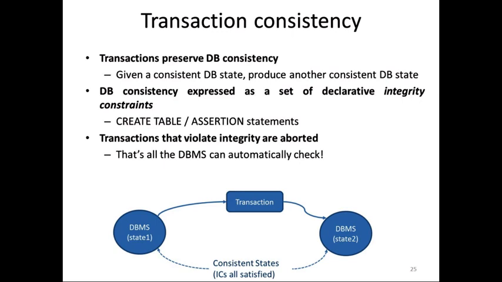The system will intervene in order to cancel such transactions that leave the database in an inconsistent state. So this is the role of the database management system here with respect to consistency. It will automatically check that any transaction will leave the database in a consistent state, and whenever this is not the case, the transaction will be aborted.